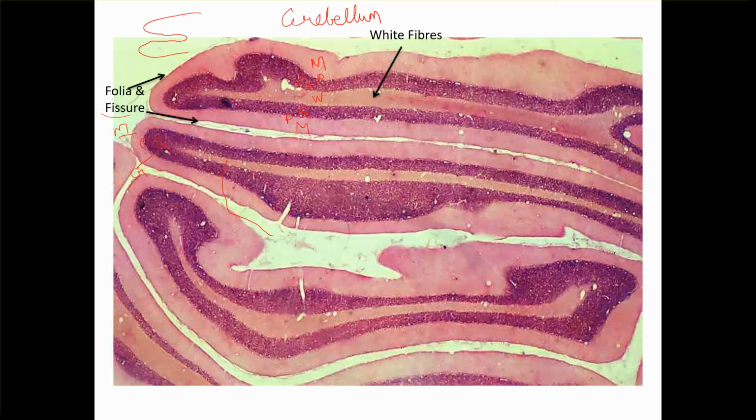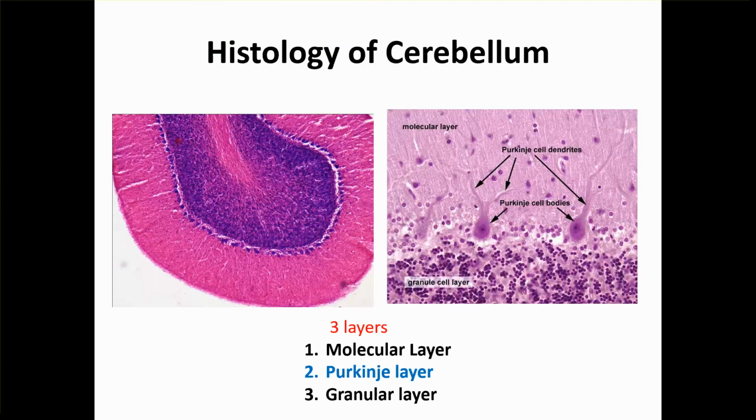Now let's see the next. This is a higher magnification. Remember for the cerebellum, I had told you that there are 3 layers. For the cerebrum it is 6 layers, and for the cerebellum it is half of it, 3 layers only. This is the outer molecular layer, which is not darkly stained, it is pale.